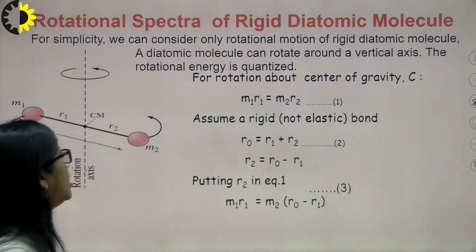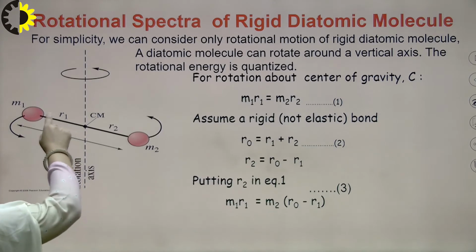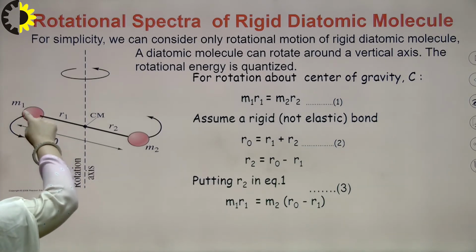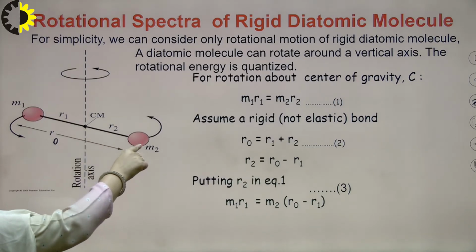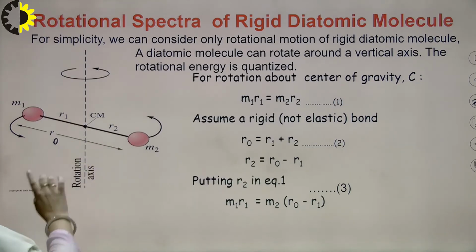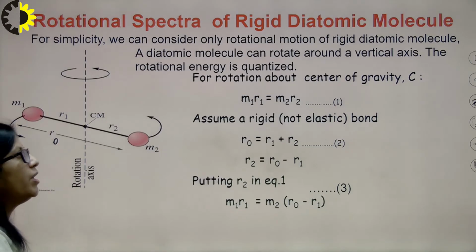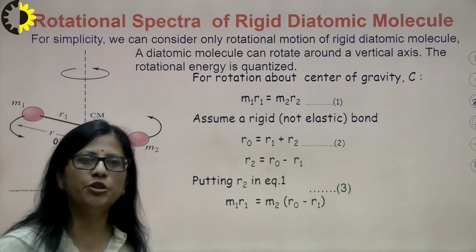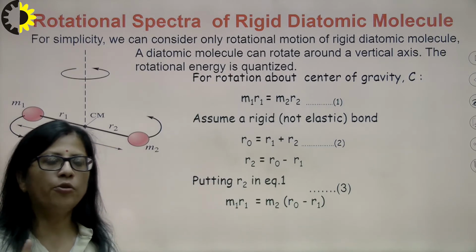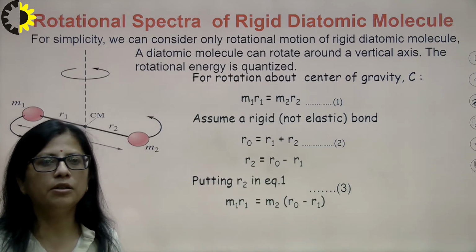the position of the center of gravity should not change. This r1 is the distance of atom m1 from the center of gravity, and r2 is the distance of atom m2 from the center of gravity. So, we are taking a molecule which is going to behave like a rigid rotor. Here on rotation the center of gravity will not change.